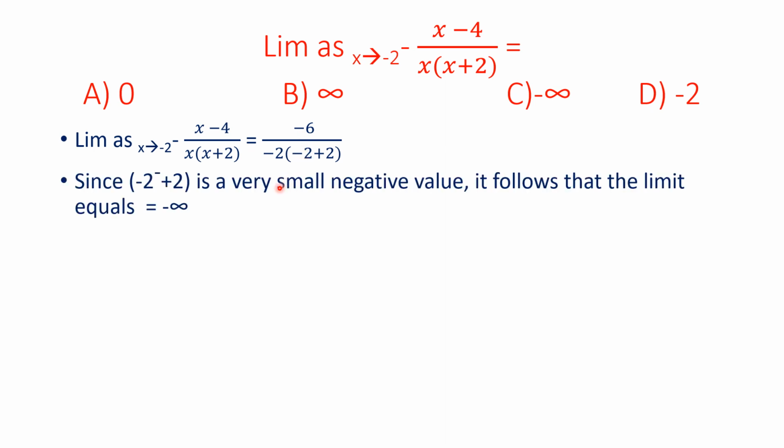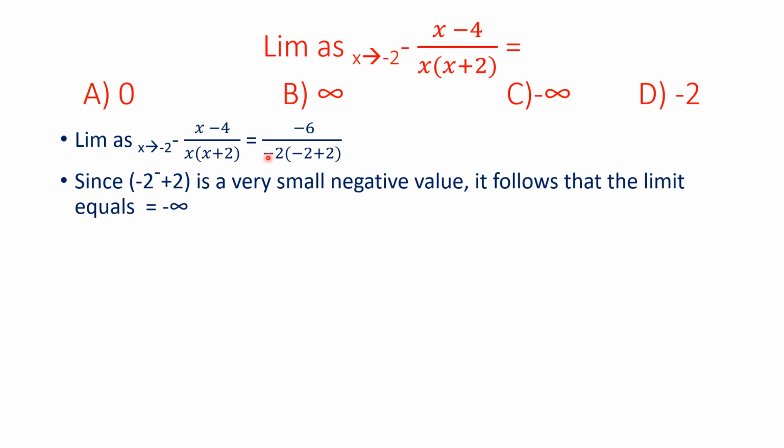So one more time, since negative 2 approached from the left plus 2 will give us an extremely small negative value, it follows that the limit must be equal to negative infinity. And the value inside will be extremely small but negative, and the negative will be cancelled with the 2 outside.